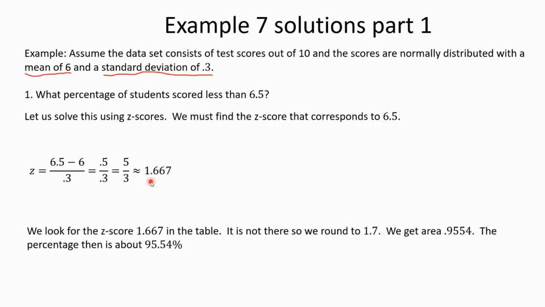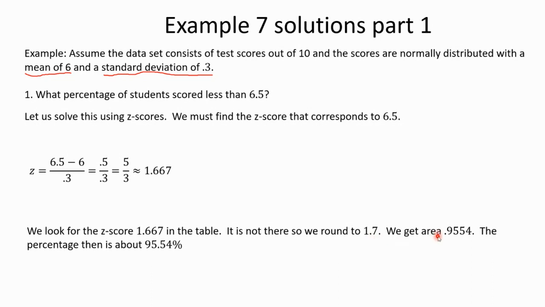Now if you actually look in the table, 1.667 is not there. So what do you do? You're going to have to round this to 1 decimal place, to 1.7. That's what you would have to do. It's not bad to do that, of course. It's not that hard to do. I'm not going to switch back to the table because I can't share two things at once unless you stick with the notes.